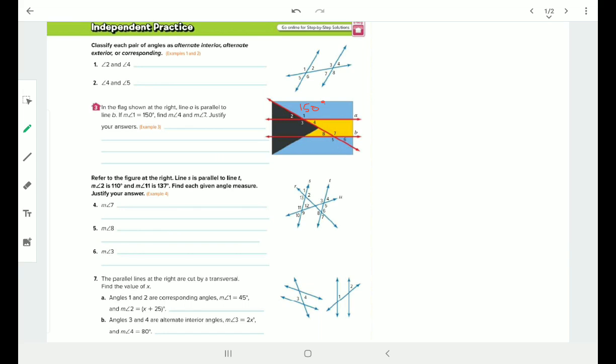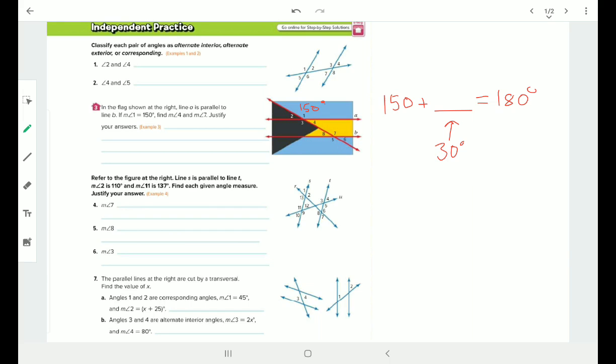So what would make angle 4? Well, we know that angle 1 and angle 4 make a straight line. So angle 1 is 150. What would angle 4 have to be, since it makes a straight line, to equal 180? Well, that means it would have to be 30 degrees, right?